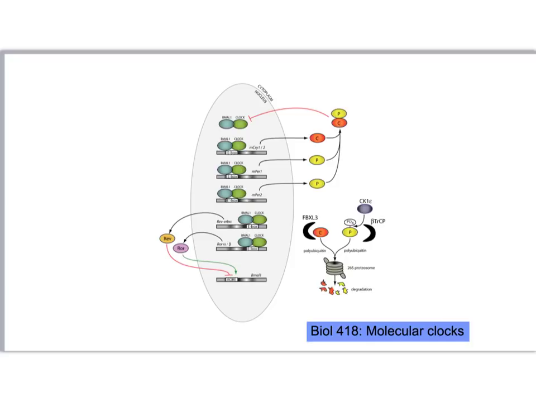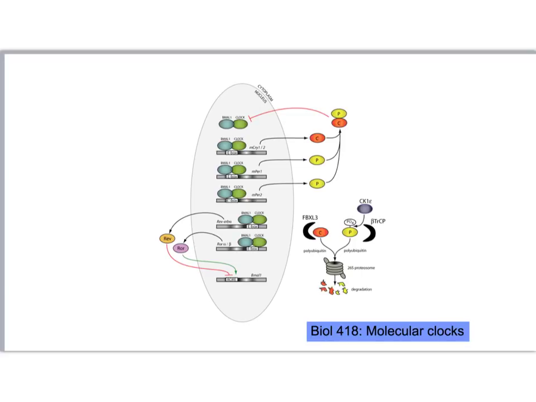So this is the general schematic of the molecular clock of mammals. One thing that I said is that this is how the clock remains as an autonomous oscillation, right? But if the clock only did that and didn't control the transcription of other genes, this should not be of much use.